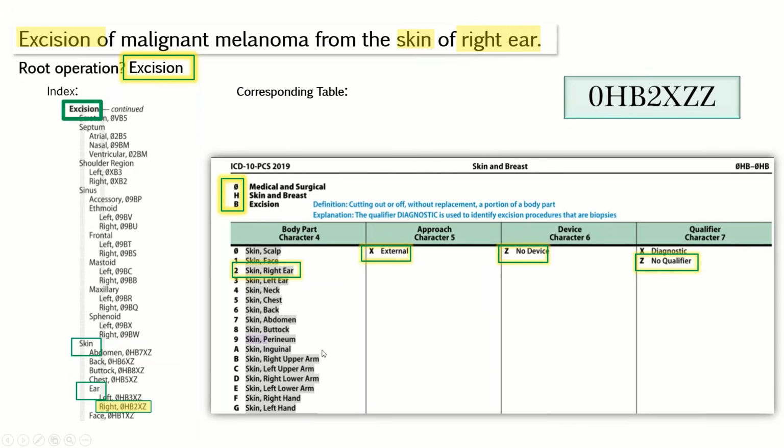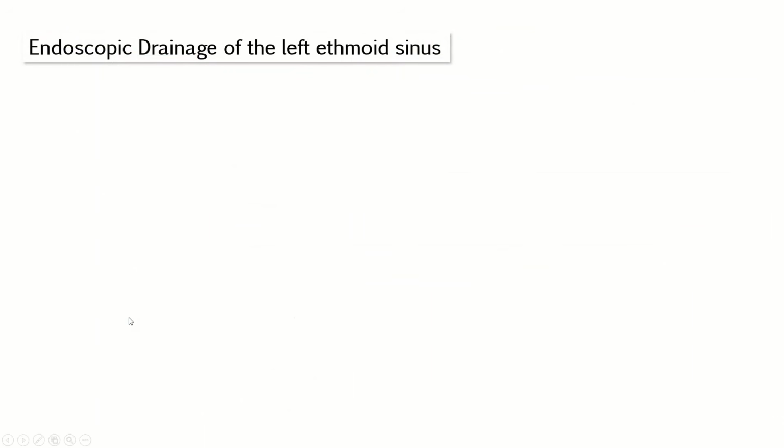All right, let's continue. Our documentation says endoscopic drainage of the left ethmoid sinus. All right, coders, what is your root operation? If you said drainage, way to go, outstanding.